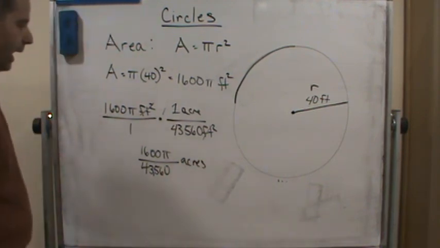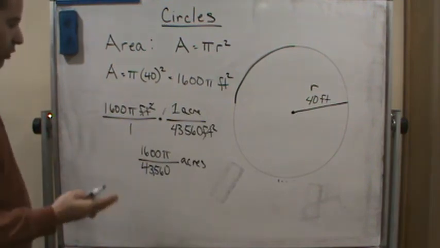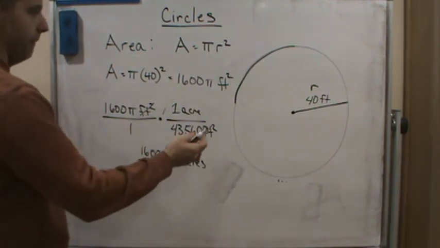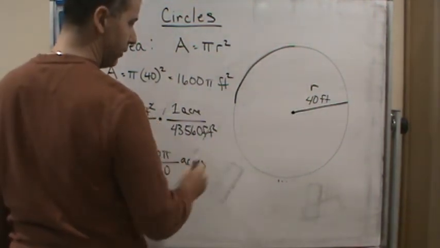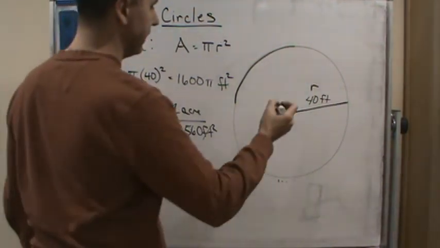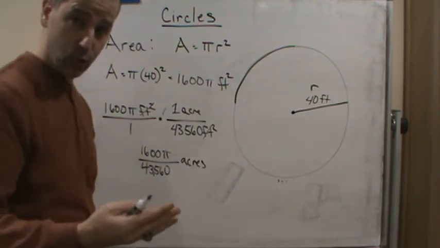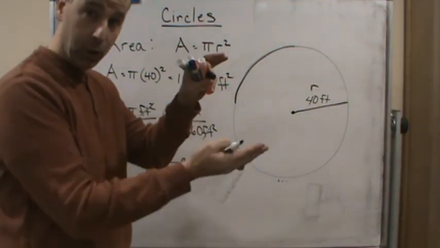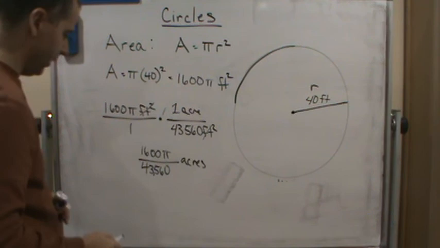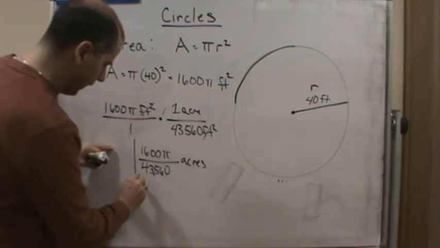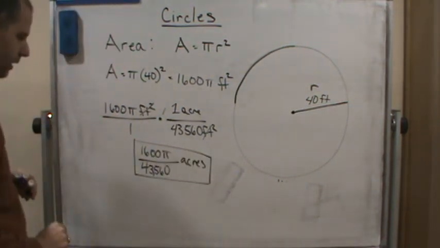Okay, now, I want the germination rate. So guess what? I'm going to take the number of seedlings that I counted. What was that? The number of seedlings that we counted was 450. So germination rate is number of seedlings per area, just like I said earlier. So this is my area in acres, right? So guess what?